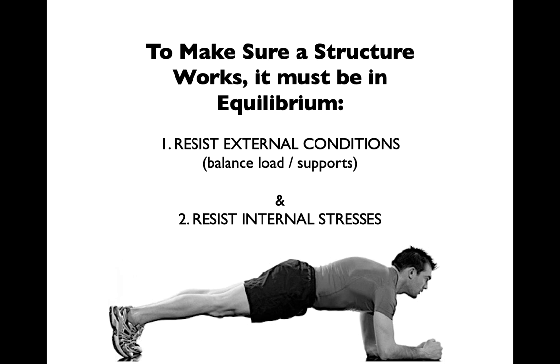But we also have to think about how that weight is distributed, not only to keep us from falling down, but also to keep us from falling over. So what's the balance between the two that enables us to stay upright and not fall over one way or the other? Maybe more apparent to us are the internal stresses, and this is what we'll get to in the next set of lectures.